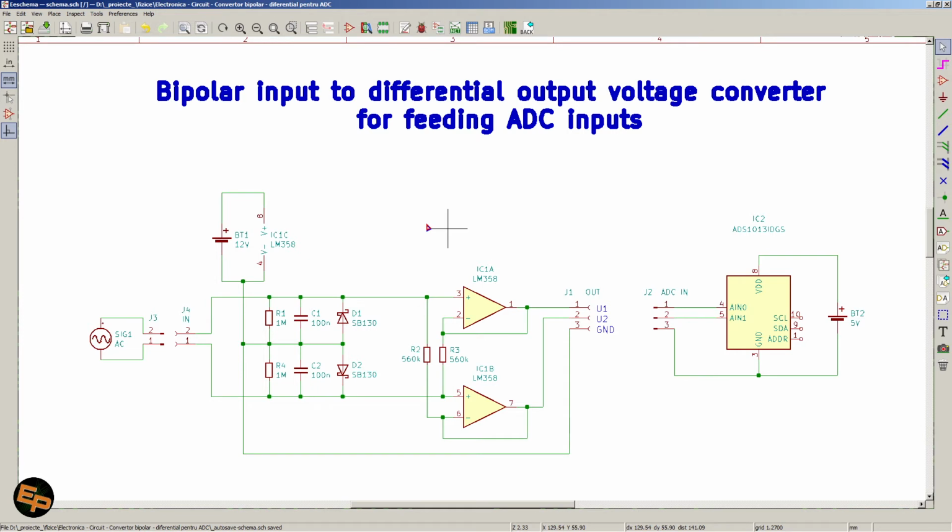Now this circuit of course must be powered, and I chose to power it from a 12 volts single power supply. I chose to play with the absolute cheapest and simplest op amps that I could find on the market, or one of the cheapest ones at least. AS358, which are the cheaper equivalent of LM358.